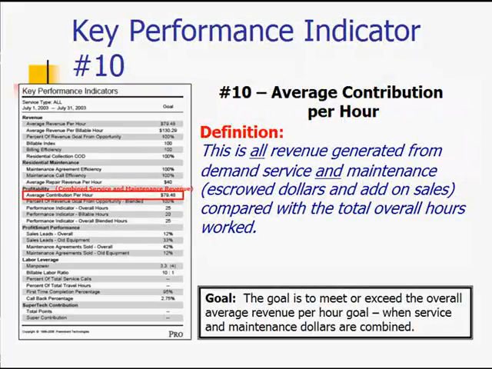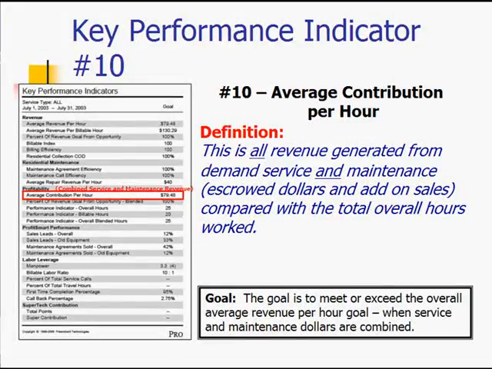The 10th Key Performance Indicator is called Average Contribution Per Hour. By definition, this is all revenue generated from demand service and maintenance, that is escrow dollars and add-on sales, compared with the total overall hours worked. Now you notice again our goal was $79.48 per hour.